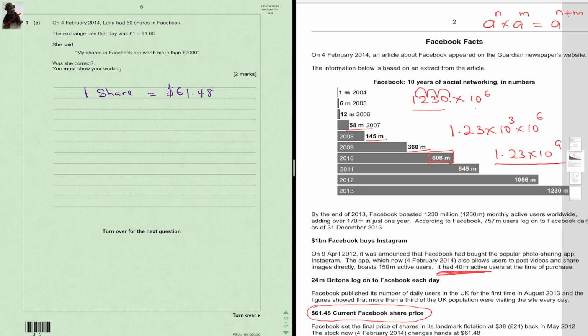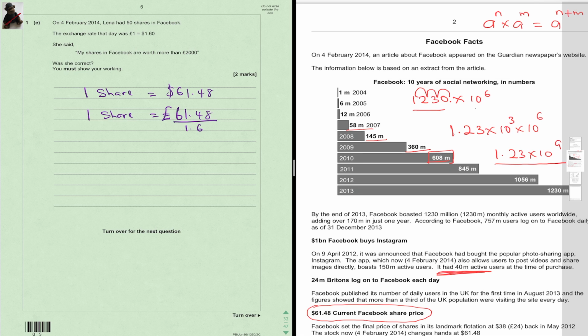To convert that to pounds, with the exchange rate, one share will be worth $61.48 divided by 1.6 in pounds. So that's what this one share will be worth.